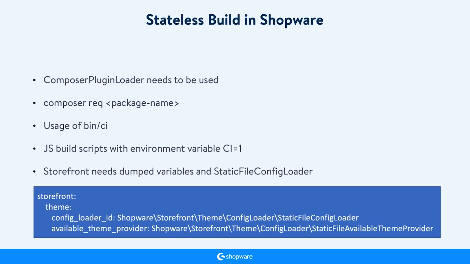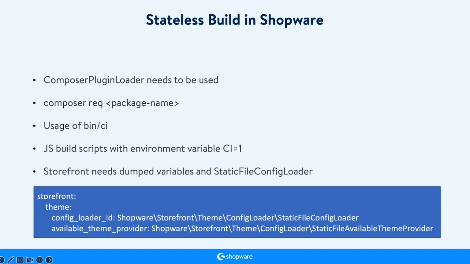And on the first run of the Shopware instance, we need some static or dump variables for the storefront if the Shopware storefront is used. And therefore, for the first time using platform.sh, there need to be 2 runs to have all the static files from the storefront in your own Git repository, and therefore they can be used for the stateless build.